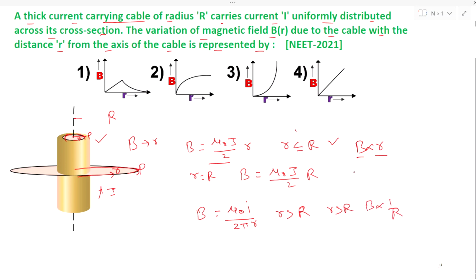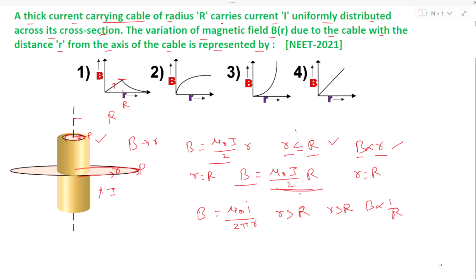And for r equal to capital R, the value of B will be maximum and its value is mu naught J R by 2. So from this we can conclude that for all points with r less than capital R, the value of B will increase linearly up to a distance such that small r is equal to capital R. At small r equal to capital R, the value of B will be maximum, that is mu naught J R by 2.